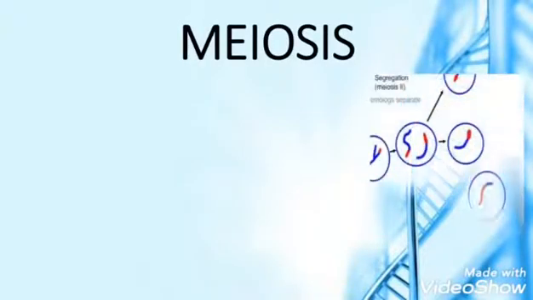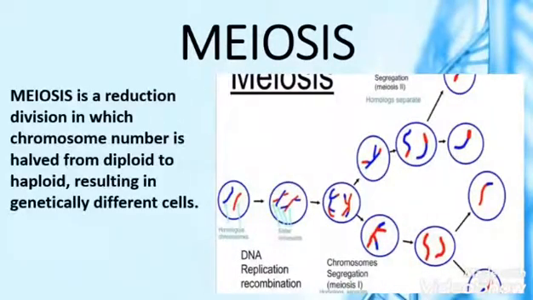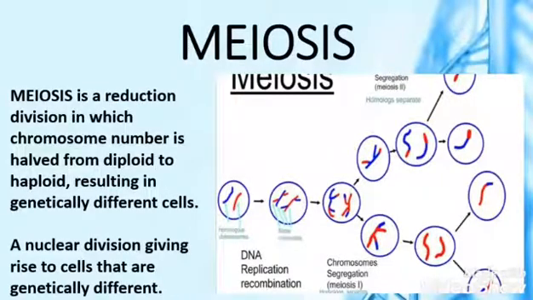The second type of cell division is meiosis. Meiosis is a reduction division in which chromosome number is halved from diploid to haploid, resulting in genetically different cells. We learned a while ago that gametes have only half the number of chromosomes of a normal body cell.